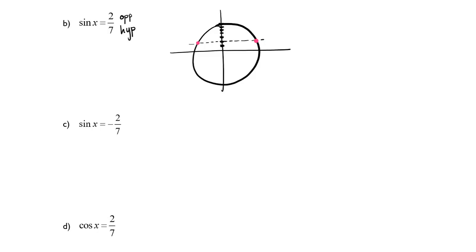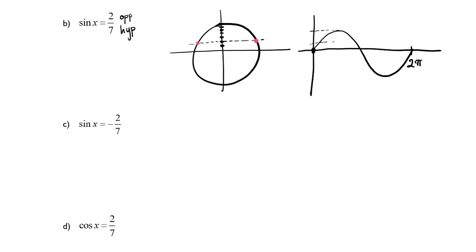And so I could also sketch this as a function for sine, where I have 0 at the beginning, 2 pi at the end, and I'm looking at 2/7, which is only in the first and second quadrant along the x-axis as well.